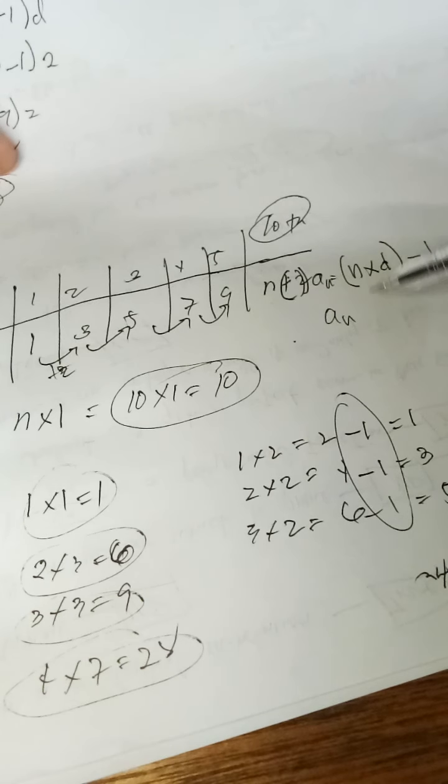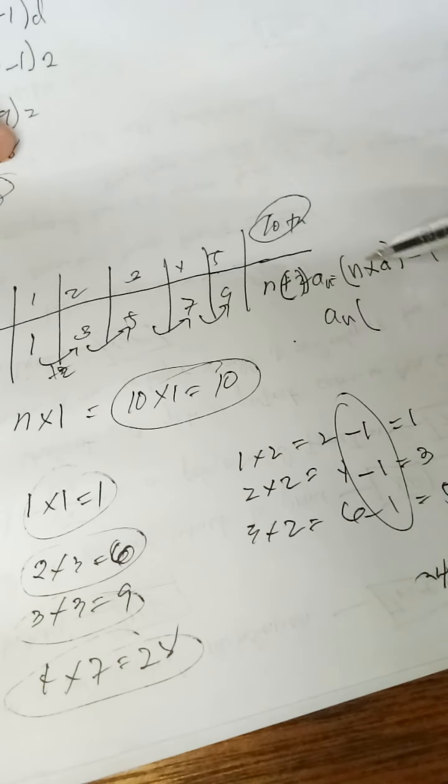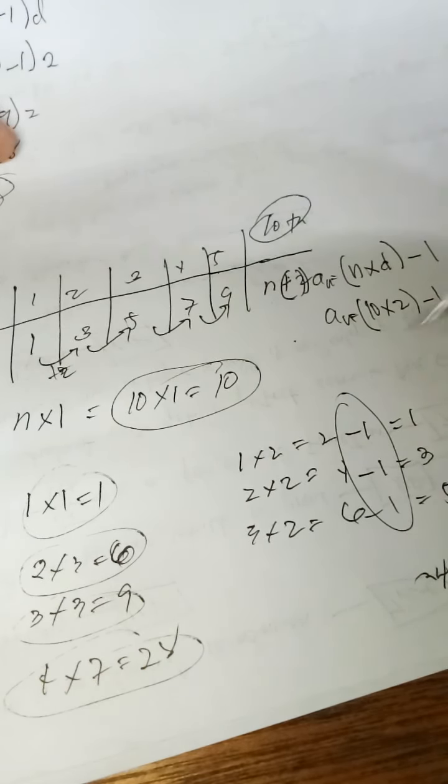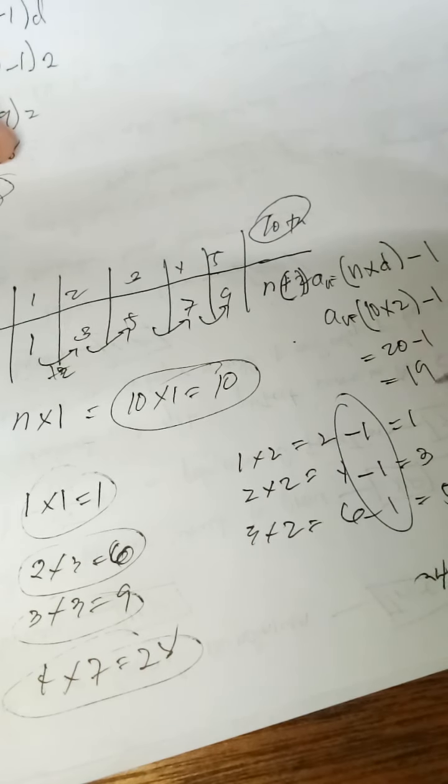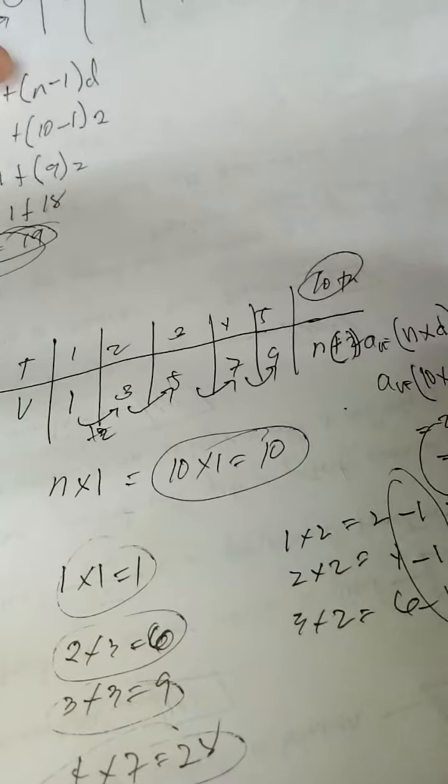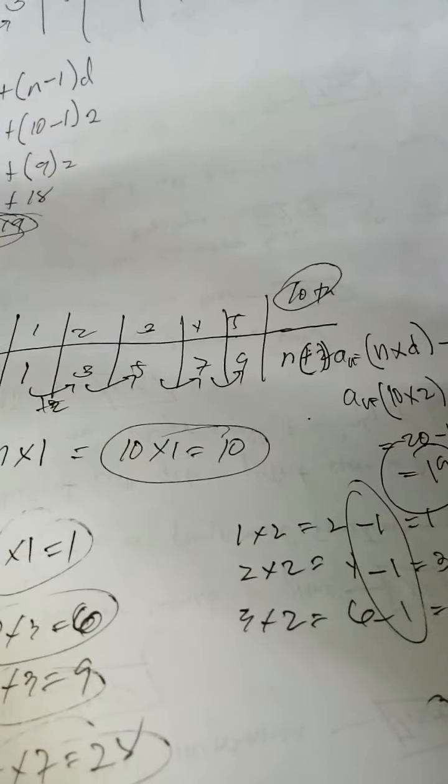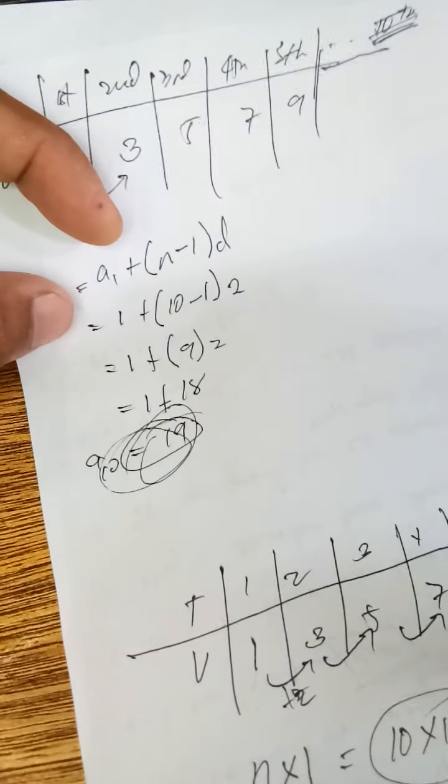Take note that our n here, okay, we have this term. So, hahanapin natin yung n term here. So, we have 10 times the difference. We have 2 minus 1. So, we have 10 times 2, 20 minus 1. So, we have 19. So, 19 here. Okay, so yung 19 po dito ay equal doon sa 19 using the formula.